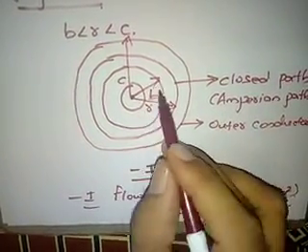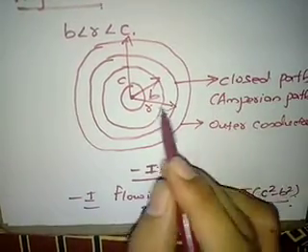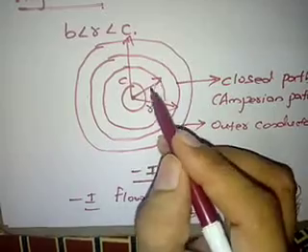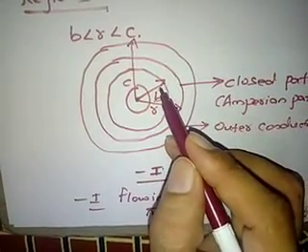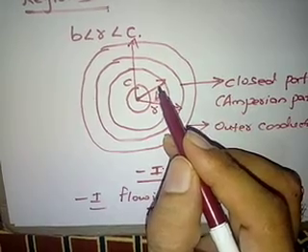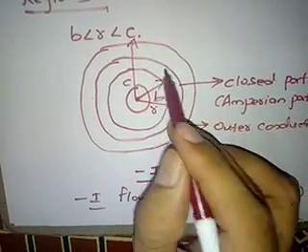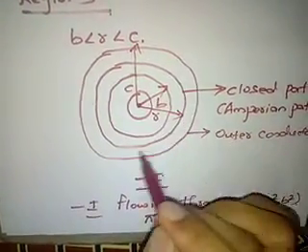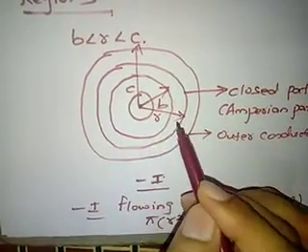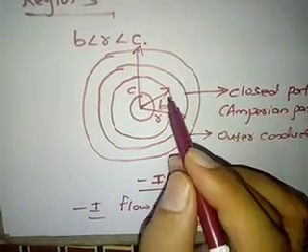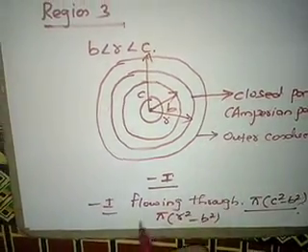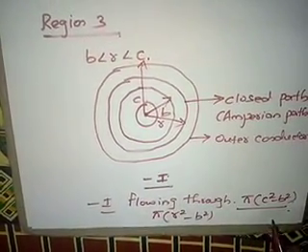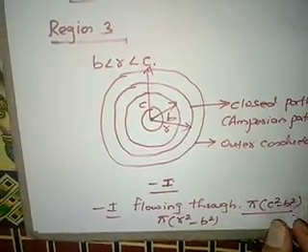Whereas the total current is flowing through pi into C square minus B square, where C is the outer radius of the outer conductor, outer surface, and B is the inner radius of the outer conductor. So the total current minus I flows through pi into C square minus B square.